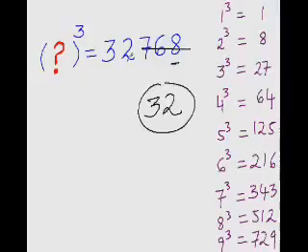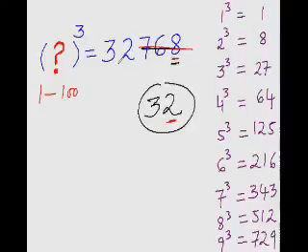To find the cube root of any number whose answer lies anywhere between 1 to 100, all you need to do is see the last digit. If the last digit is 8, then put 2 here and strike out the last 3 digits. Now see the number that is left.